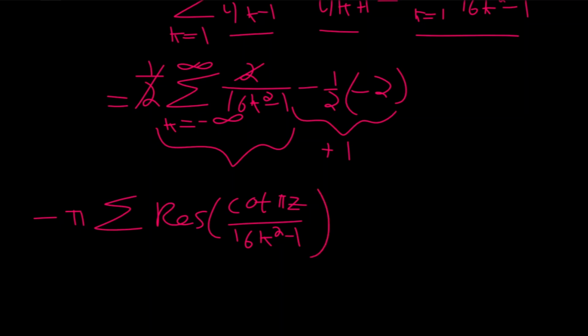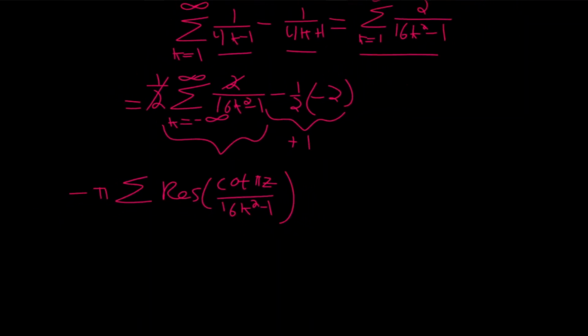So what exactly are the poles of this right here? Well, we're going to have poles at, I realize I'm mixing k and z. Whoops. Not going to change the location of our poles though. We're going to have poles at z equals plus or minus 1/4. And they're both simple poles, so this really isn't too bad.